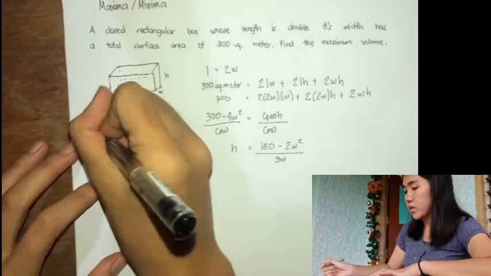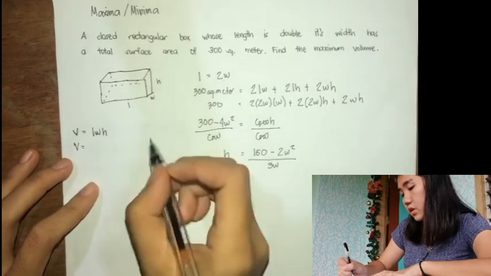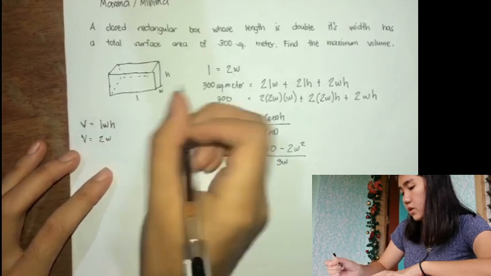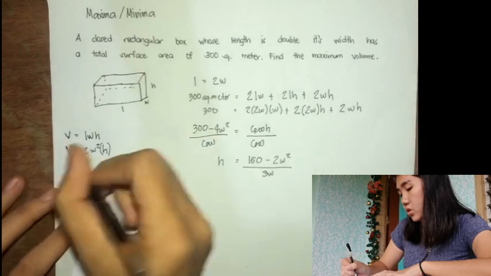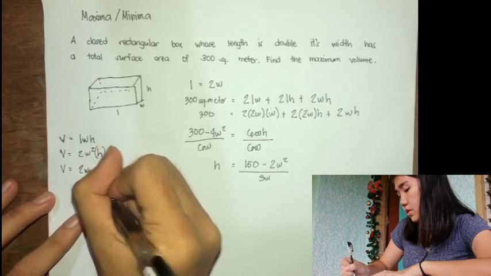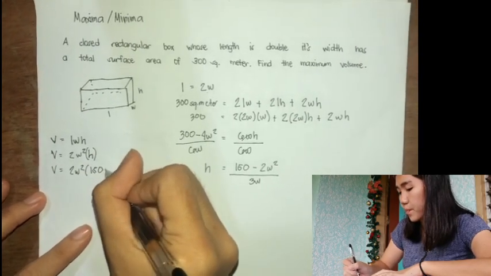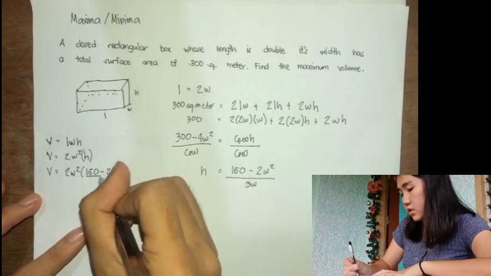So our volume is length times width times height. The value of L is 2W, so we have 2W times W, or 2W squared, times H. V is equal to 2W squared times the value of H, which is (150 minus 2W squared) over 3W.